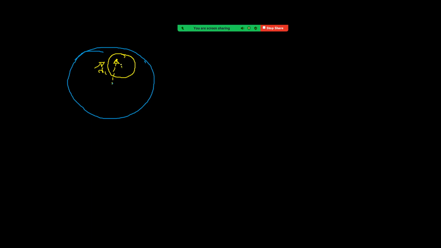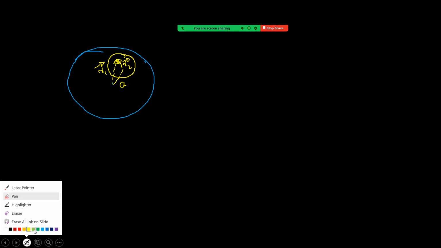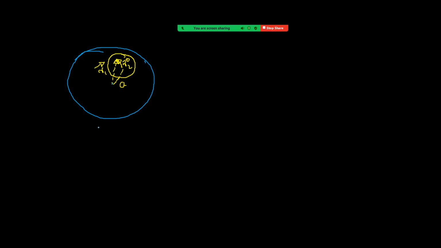With respect to the center of the cavity, take it as R2 bar. Let us take the separation between the center of the cavity and the center of the bigger one as A. Then see how to find the field inside. Take it as A bar.